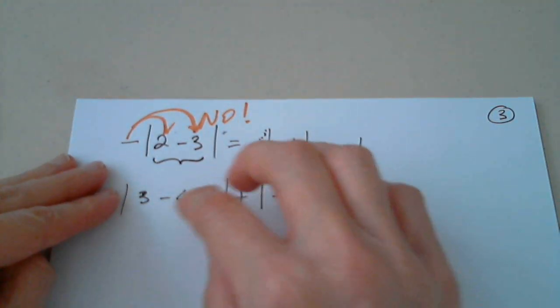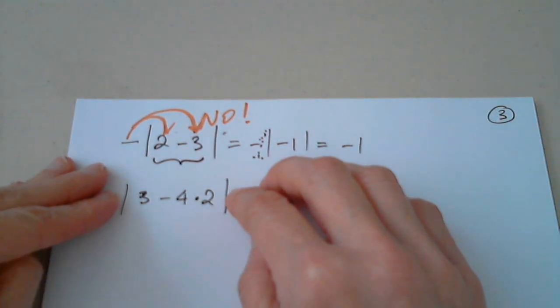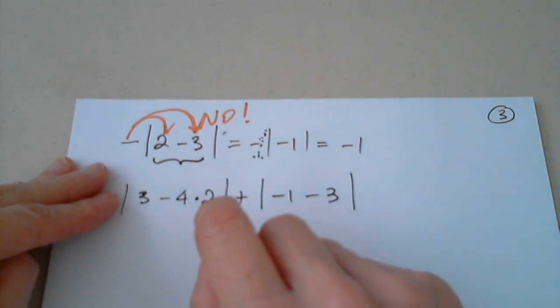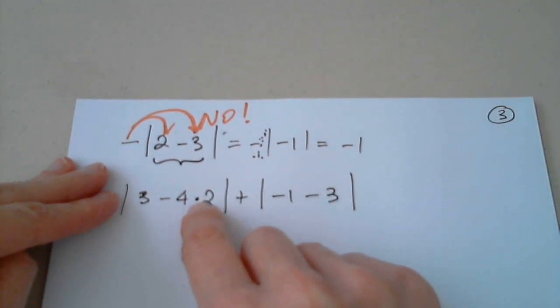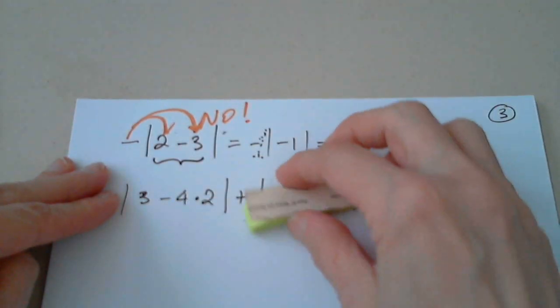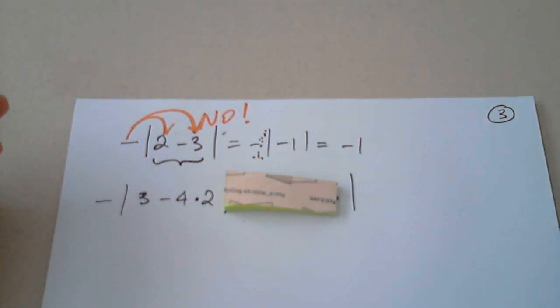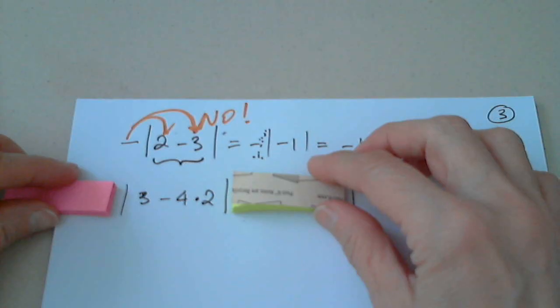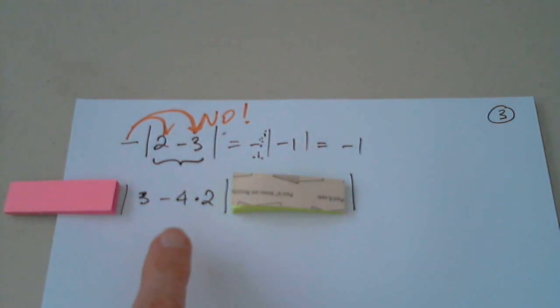First, I look at the first absolute value, and I think, what operation do I have to perform first? What do I see? I see a product, and I see a subtraction. Nothing else matters. You will see I have a lot of props here ready to go. So that's all I see.